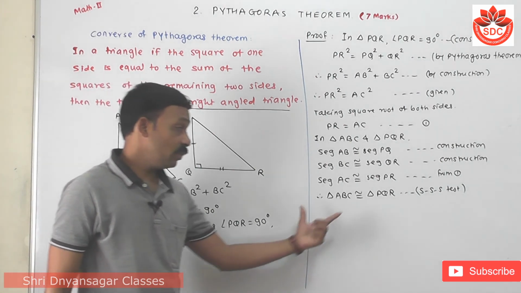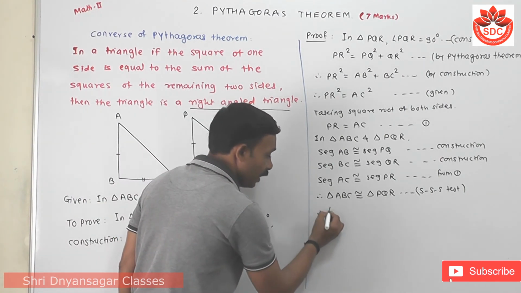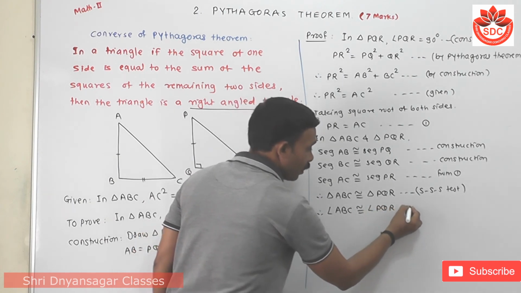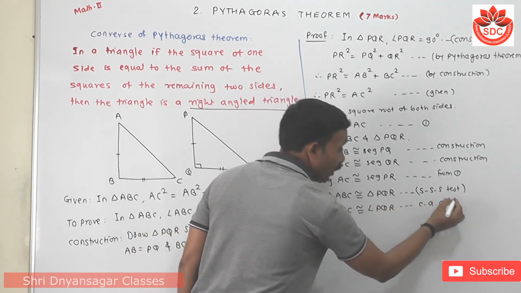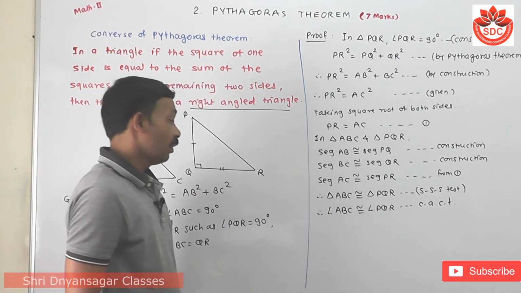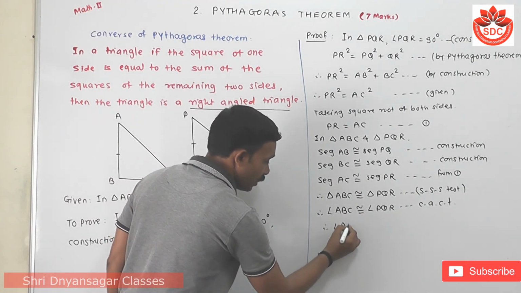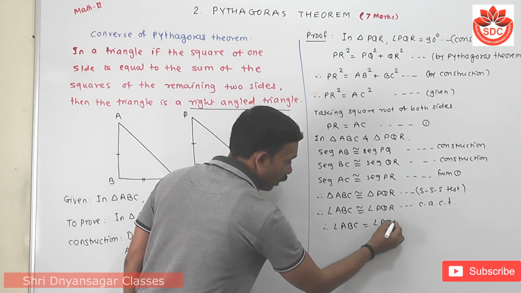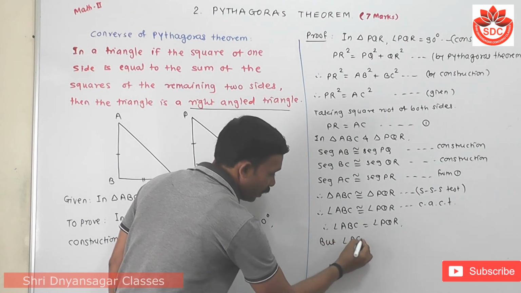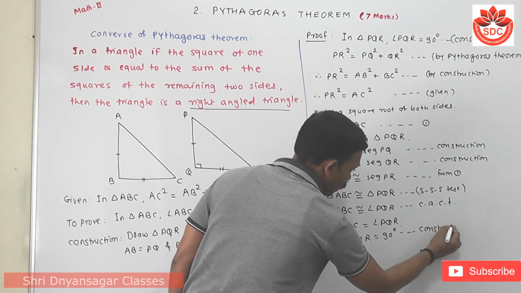Now, if these two triangles are congruent, then their corresponding angles are also congruent. So angle ABC is congruent with angle PQR, corresponding angles of congruent triangles. If they are congruent, they are also equal. Therefore, angle ABC is equal to angle PQR. But angle PQR is equal to how much? 90 degrees, by construction.